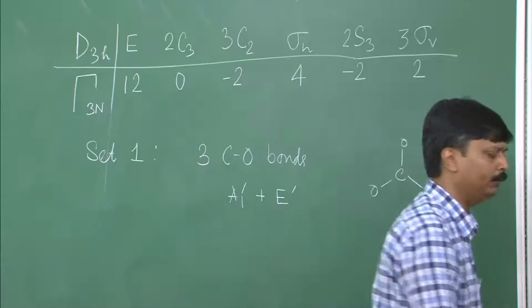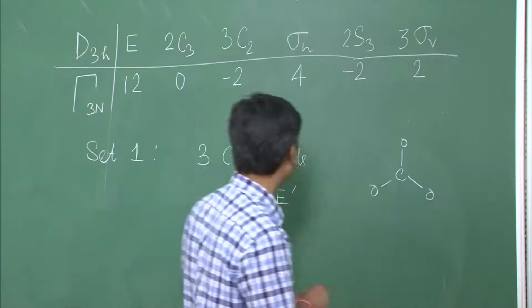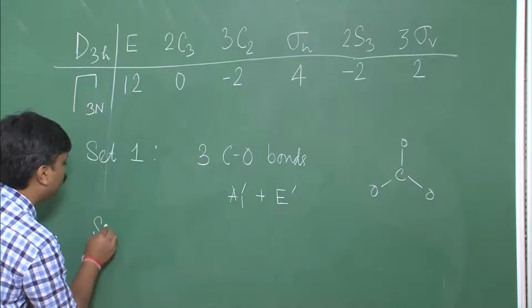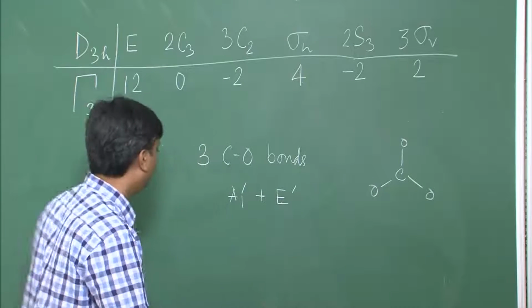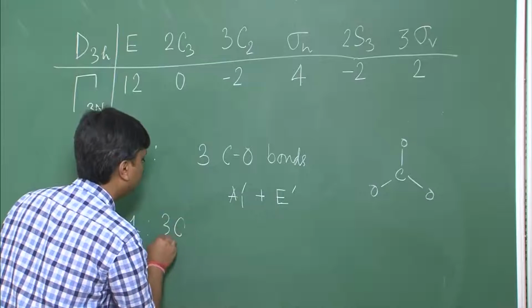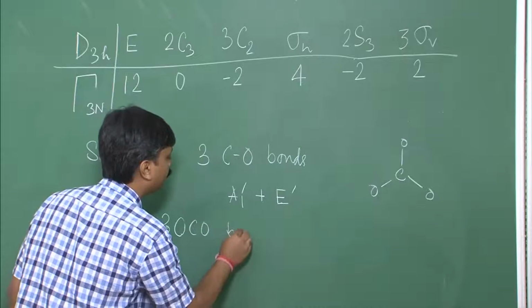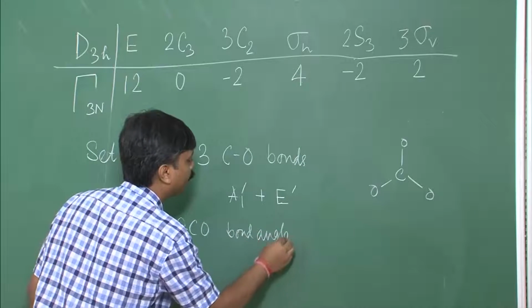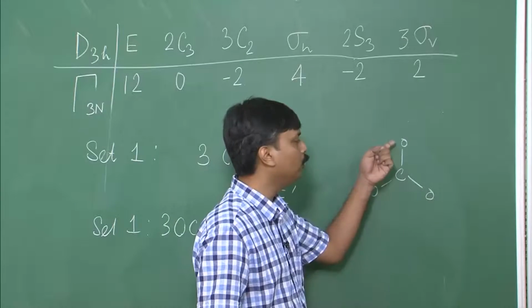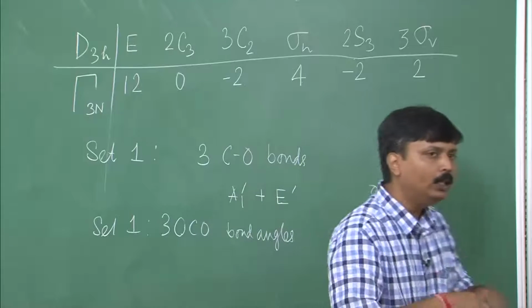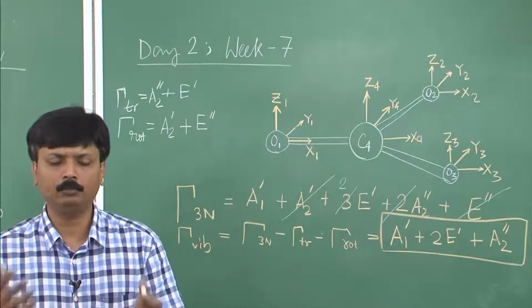I can say that intuitively, and I can similarly form another set of basis functions. Let's call it set 2, where I consider these 3 OCO bond angles. Now unlike these CO bonds, I cannot have all the 3 angles being expanded in the same way.